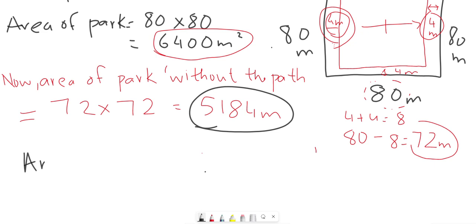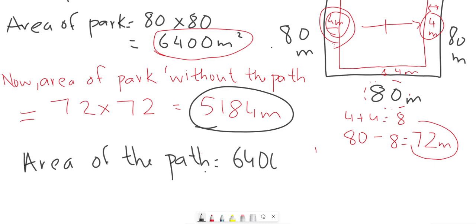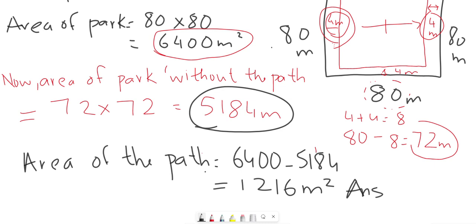So the area of the path is equal to 6400 minus 5184 equals 1216 meter square, and this gives us the answer. So this is the answer of the worked example 2 part A given on page 135.